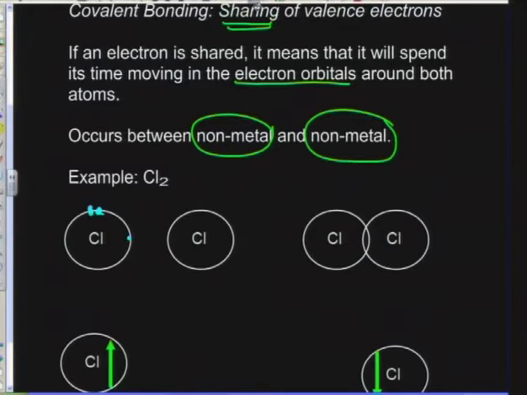So 1, 2, 3, 4, 5, 6, 7. And the next one, 1, 2, 3, 4, 5, 6, 7 valence electrons.